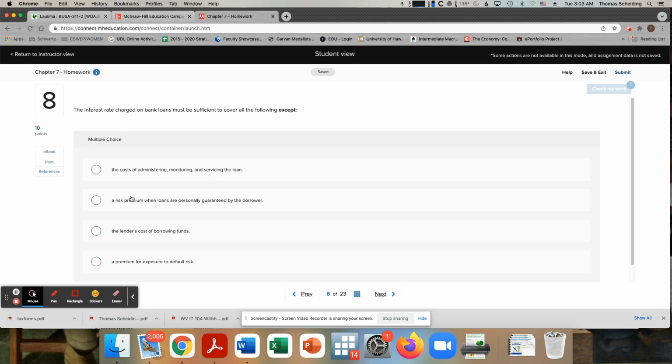Does the interest rate cover a risk premium when loans are personally guaranteed by the borrower? It would have to, because the interest rate would be a little bit higher, because a person's word that they'll pay back the loan isn't as valuable as there being actual collateral behind it.